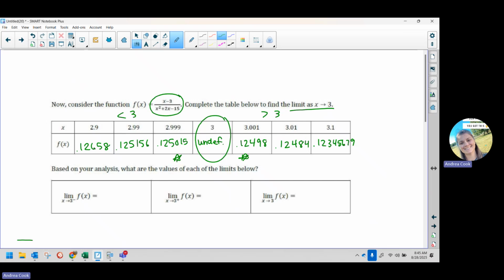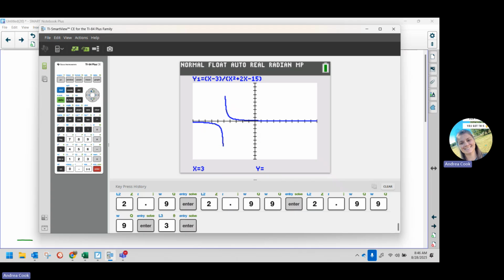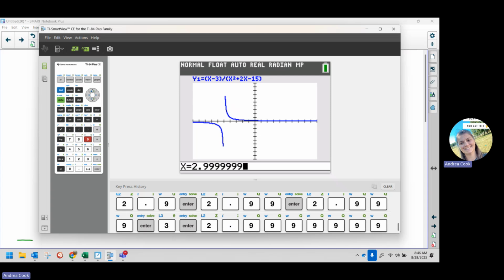So, for instance, Delta Math creates the table for you. If you can't tell what this limit is, then keep adding 9s or 0s. If I can't tell what number it's going to go to, then I'm going to go back to my calculator and try 2.9999999.